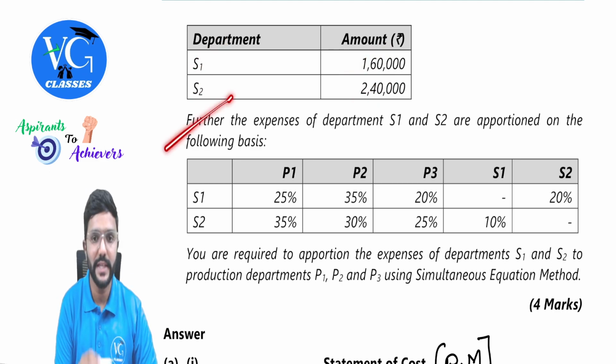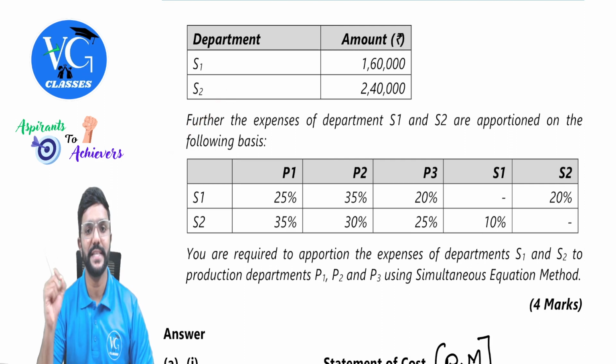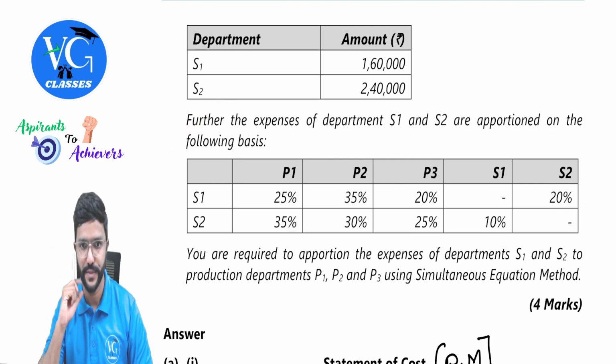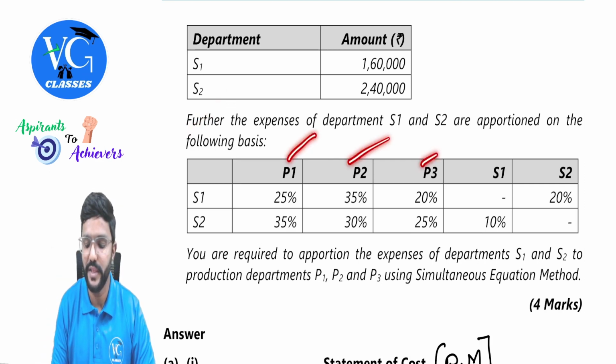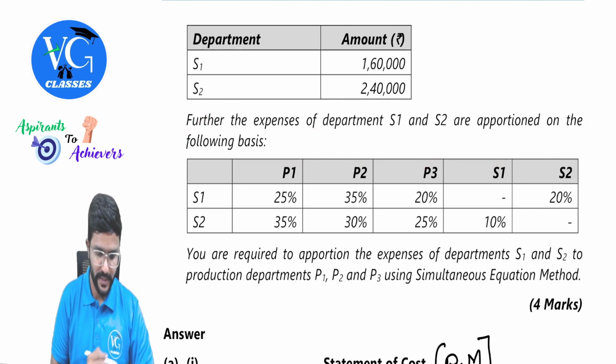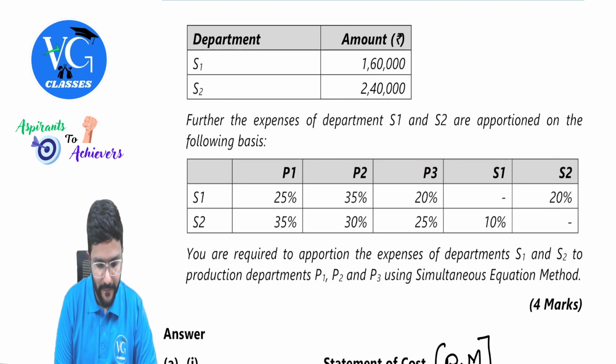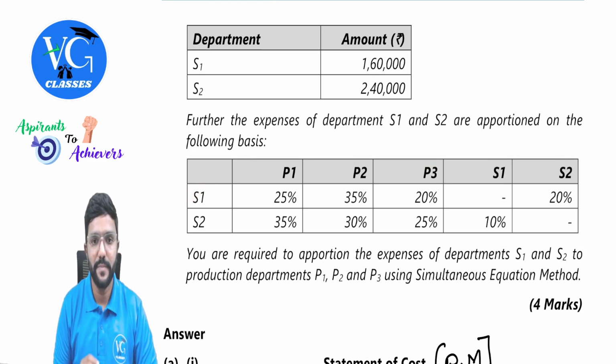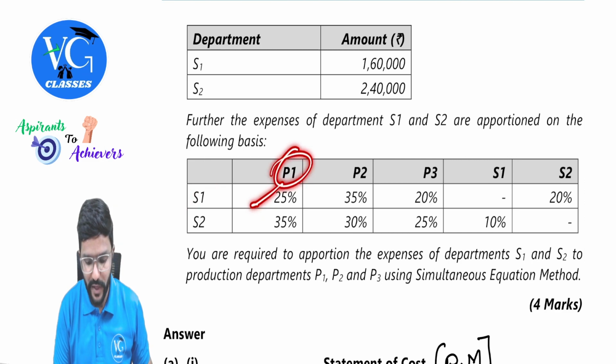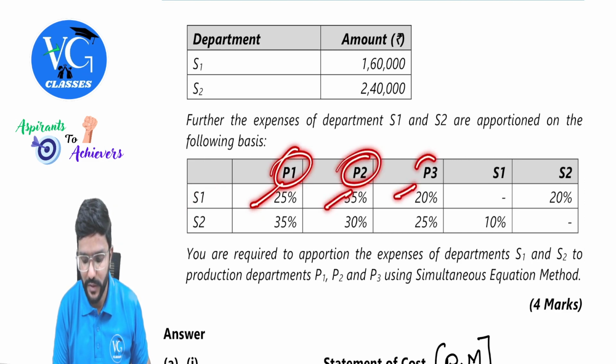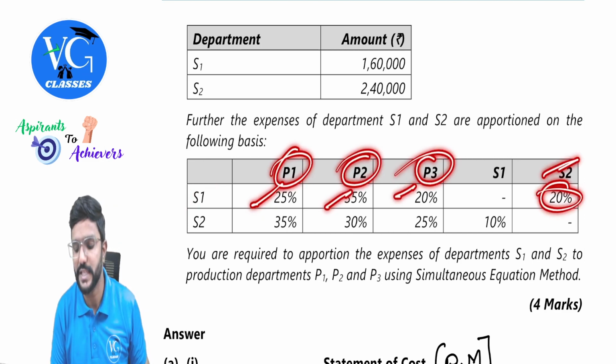Further, the expenses of departments S1 and S2 are apportioned on the following basis. P1, P2, P3, S1 and S2. Fine. Let me read it. Service department 1 is giving 25% service to P1, 35 to P2, 20 to P3 and 20% to S2.